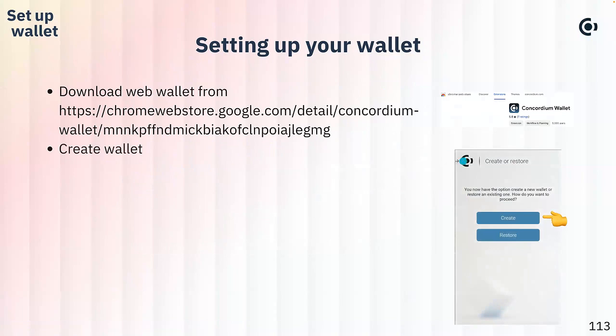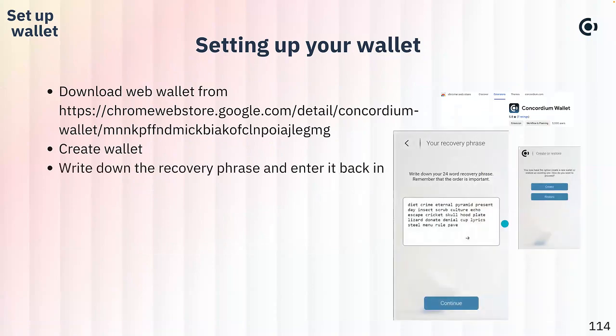Once you open it, you have to create a wallet. Here you're presented with, I think, 24 words that are your recovery phrase, and then you have to enter them back in. I'm not going to do that now because that takes a bit of time. But I'll show the rest live here.